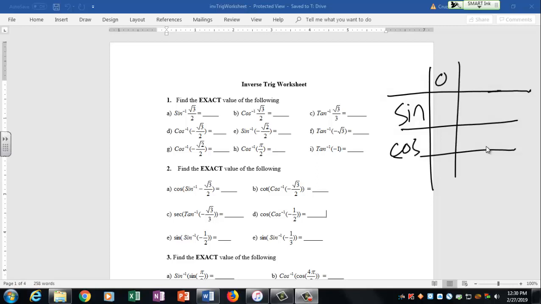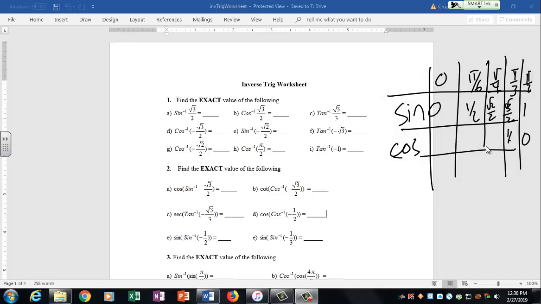This is 0, pi over 6, pi over 4, pi over 3, pi over 2, right? This is 0, 1/2, square root of 2 over 2, square root of 3 over 2, and 1.